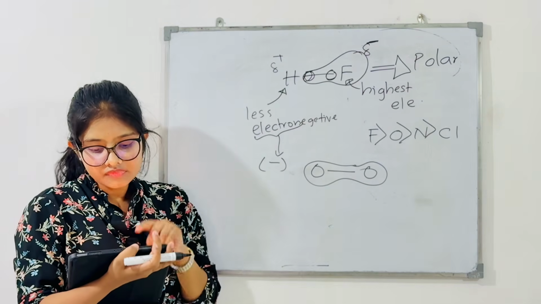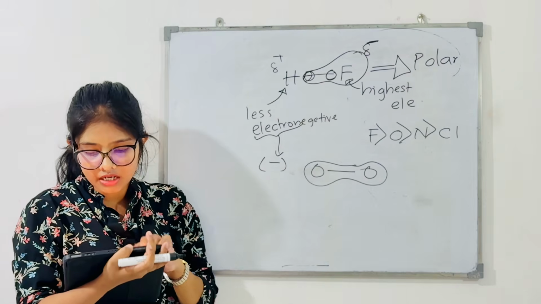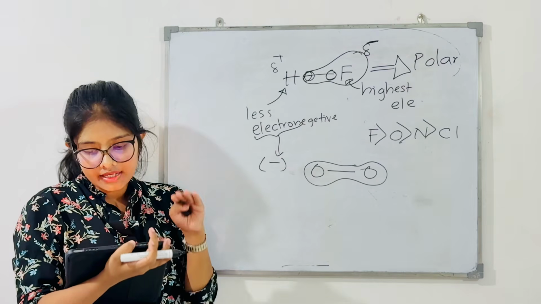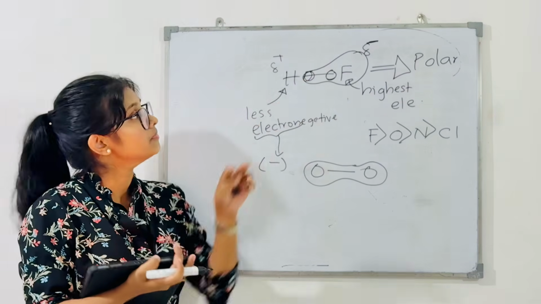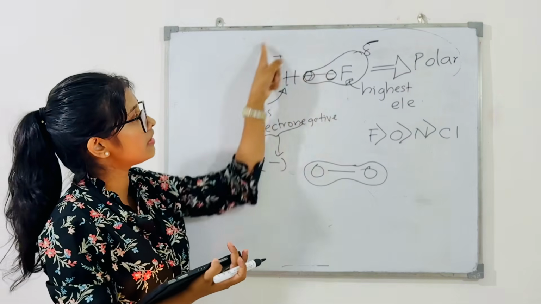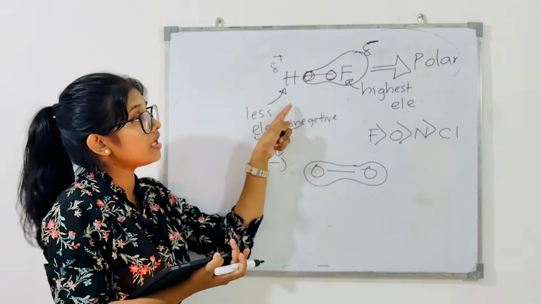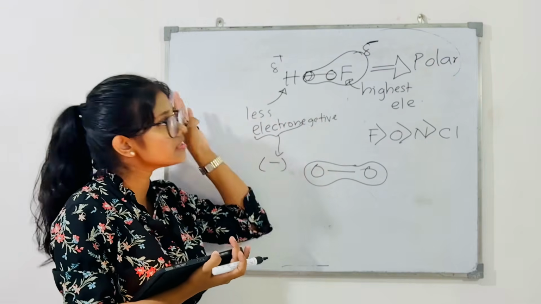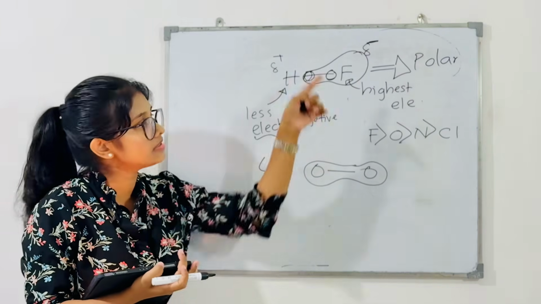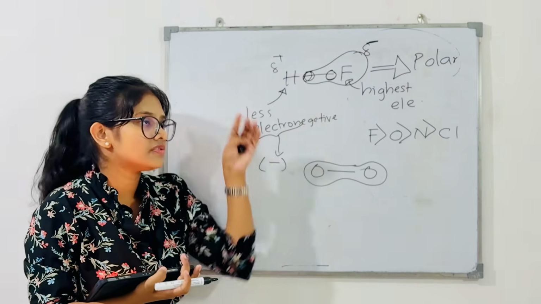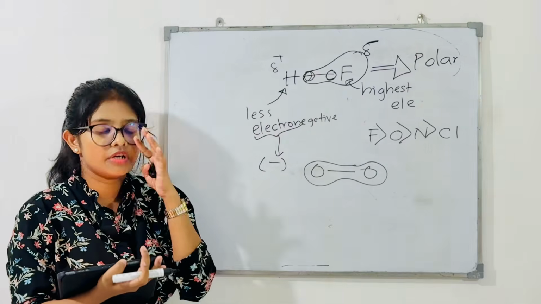Third one: a slight negative charge is received due to excessive attraction of bond electrons towards the hydrogen atom. Is it correct? No. Hydrogen gets a slight positive charge. It's not attracting electrons, it's repelling electrons from itself, because its electronegativity is very low compared to fluorine.